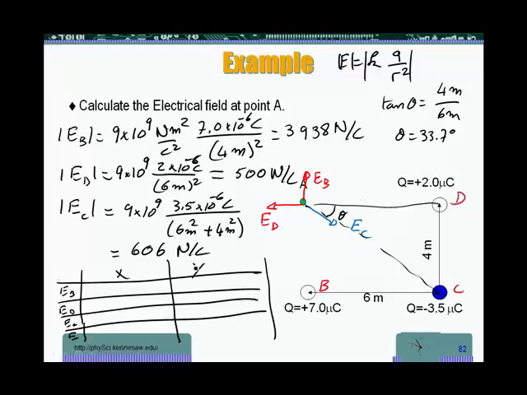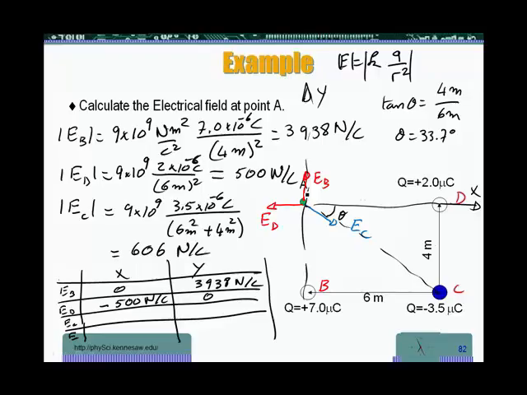Now, EB does not have an x component, so that's 0, since it's along the vertical axis, taking this as x and this as y. Now, its y component is the full EB, so it's 3,938 newtons per coulomb. ED has a negative x component, which is the full ED, minus 500 newtons per coulomb. Now, its y component is 0. It does not have any component along the y.